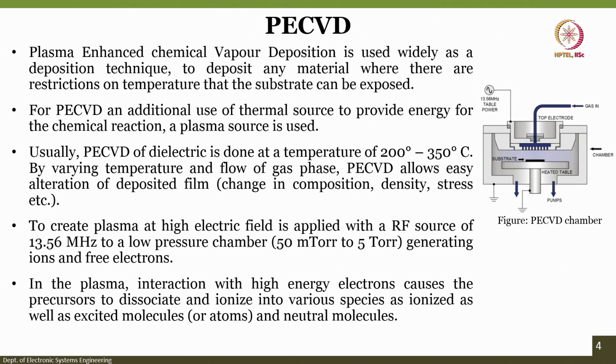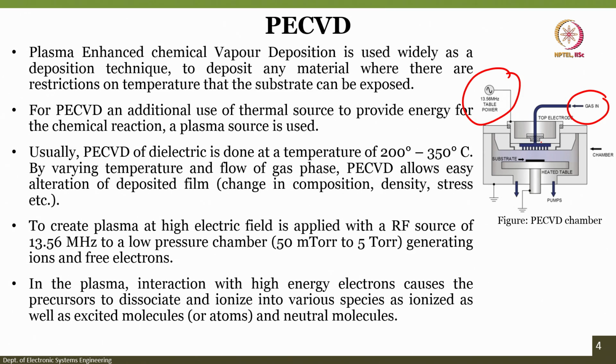You have similar things: a 13.56 megahertz power supply, a gas inlet, a top electrode, a bottom electrode with the substrate, a heated table, and a chamber. When you have a gas in the presence of these two electrodes, what will happen? There is a creation of plasma, and then on the substrate in the presence of plasma, the chemical reaction happens to grow different films.